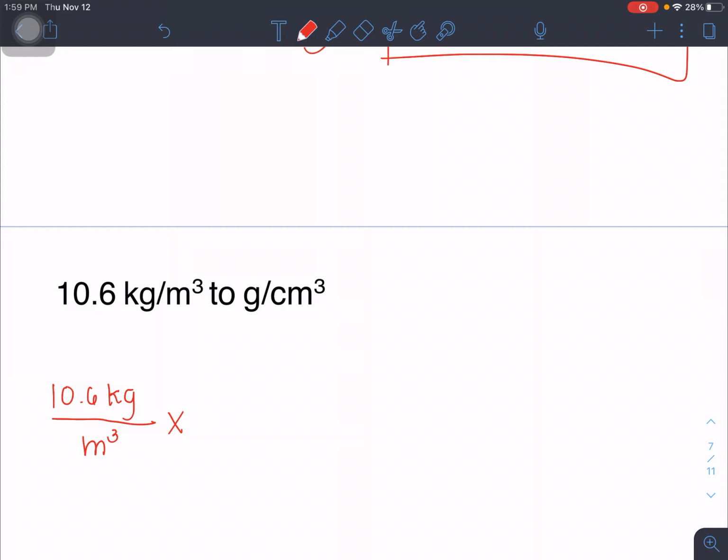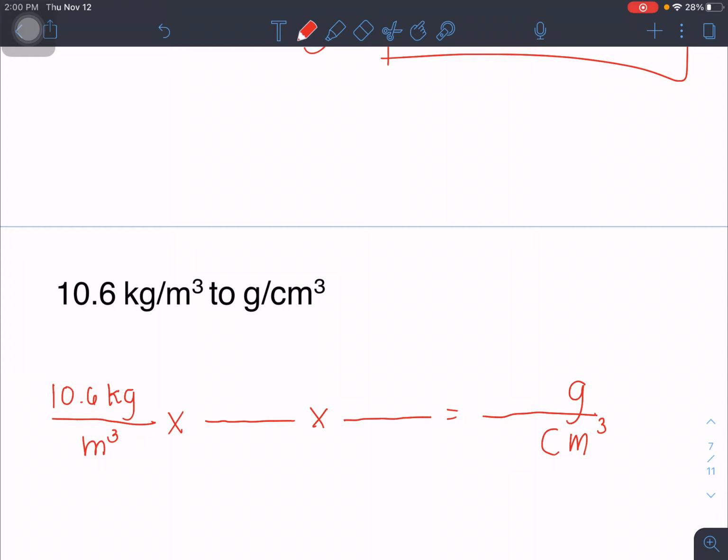So this should be on the case wherein our final answer must have a unit wherein the numerator is gram and the denominator is cubic centimeter. Okay? So we should find cubic centimeter denominator at some point of our solution, and gram at the top part at some point of our solution.